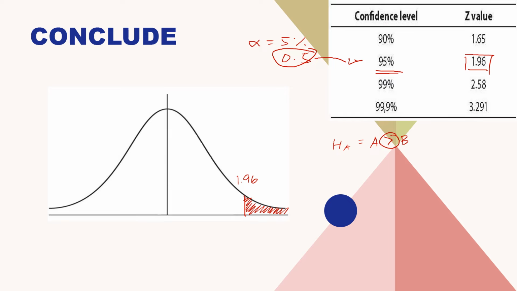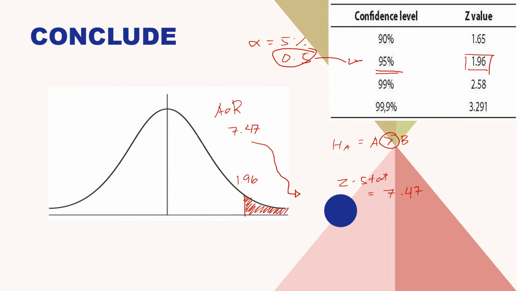Okay, our computed stat or z-stat is 7.47. So 7.47 is way up in the right tail, and therefore we fall within the area of rejection.